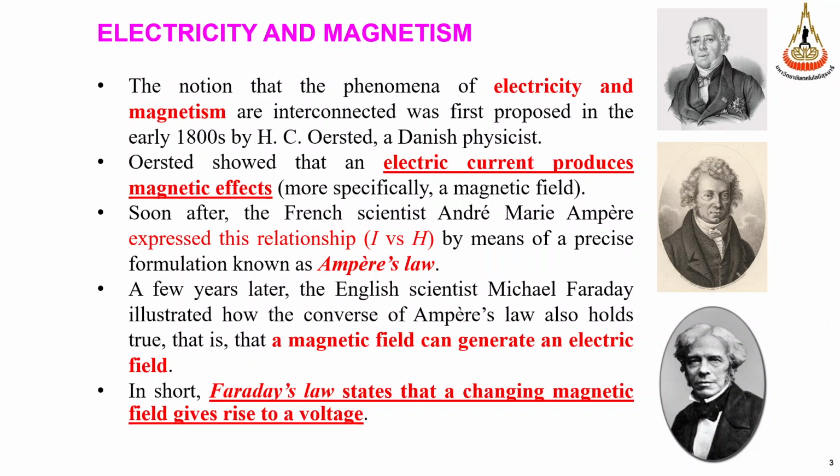Okay. So we know how to generate magnetic field from electricity. During that time, about 1,800, right? At that year.